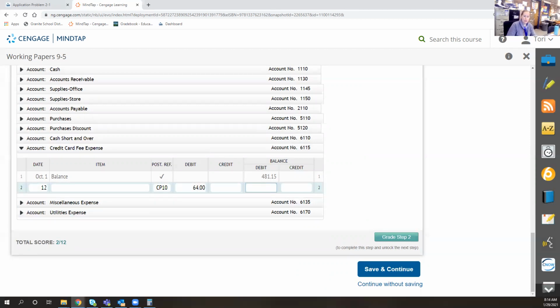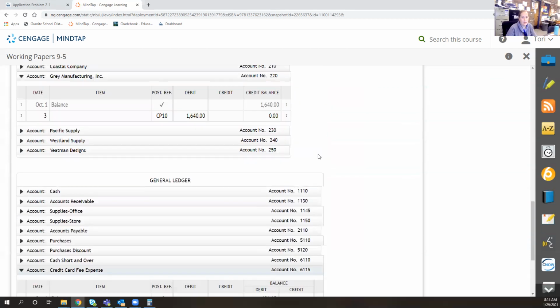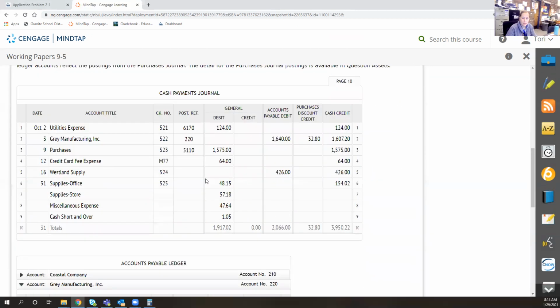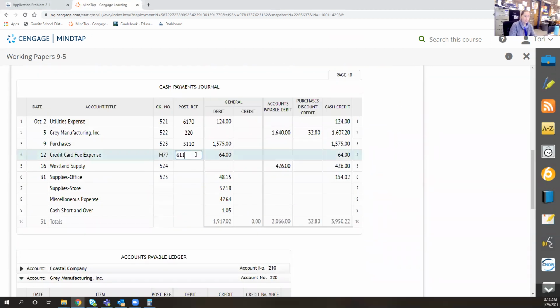And so then we have a previous balance for 481. So we need to add those two together. And it will be $545 and 15 cents. And post reference 6115 up top here. 6115.